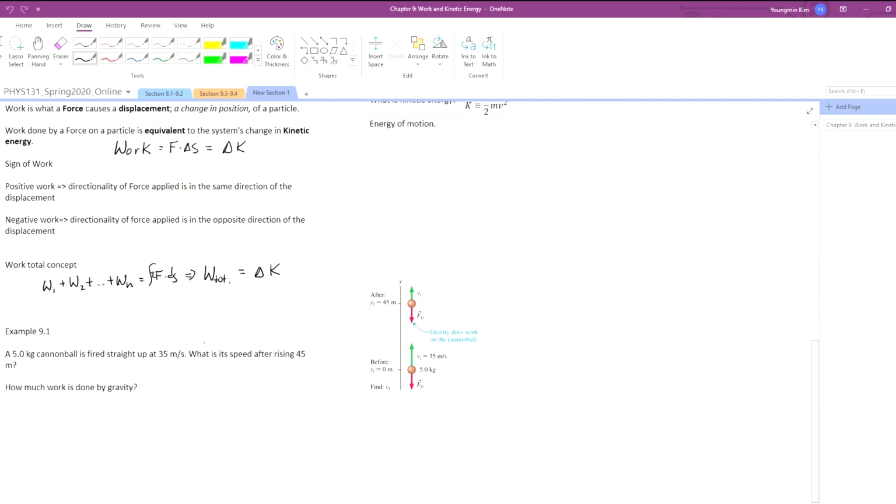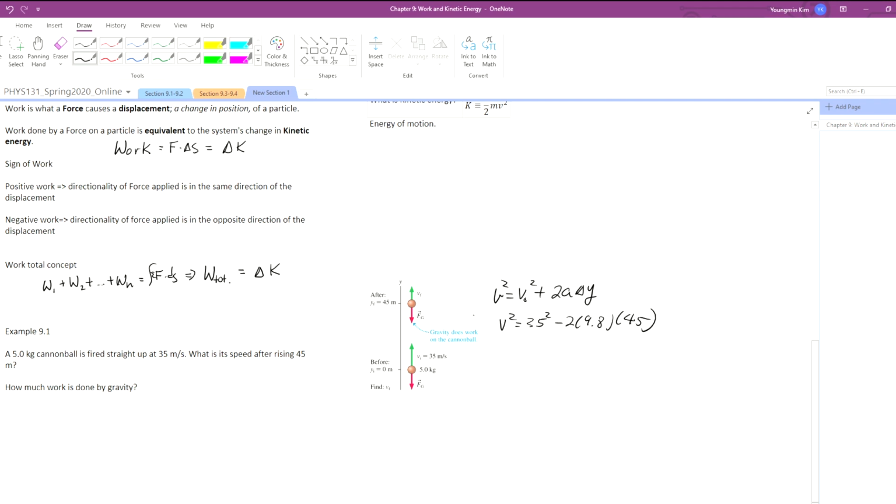So you can simply use final velocity squared equals initial velocity squared minus 2a delta y, so 35 squared minus 2 times 9.8 times the displacement 45. Here you only have one variable, so you can easily solve this problem using just Newtonian laws.